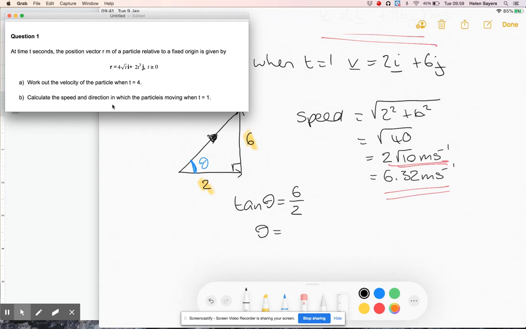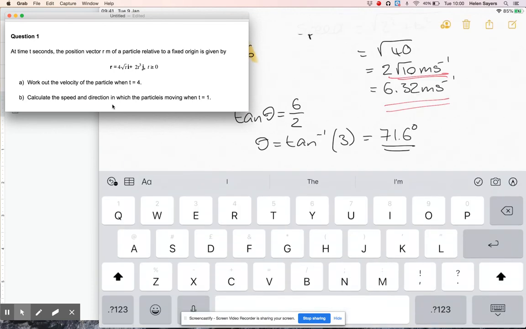So theta is arctan of 6 over 2, so arctan of 3, which is 71.6 degrees to three significant figures.